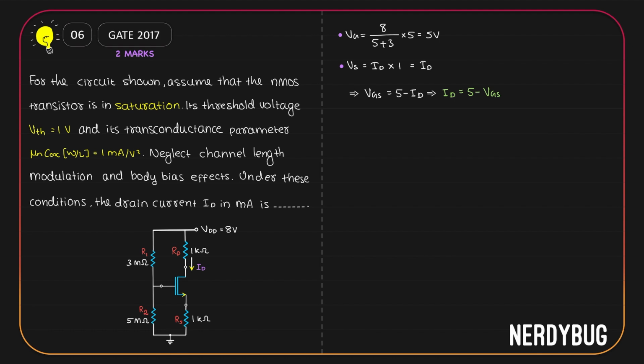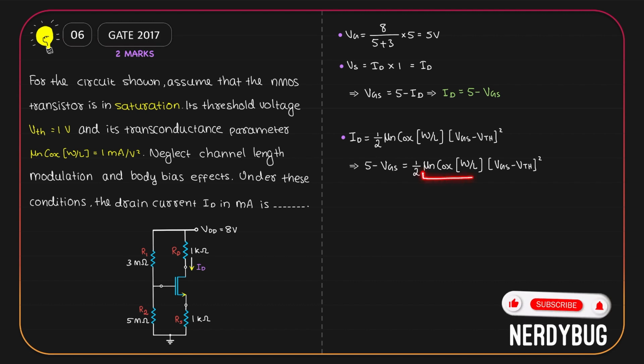Now it is given in the question that the MOSFET is in saturation. So the drain current is given by the expression half mu n Cox W by L (VGS minus VTH) whole square. Now ID is 5 minus VGS, so we can write it like this. Now the value of mu n Cox W by L is given.